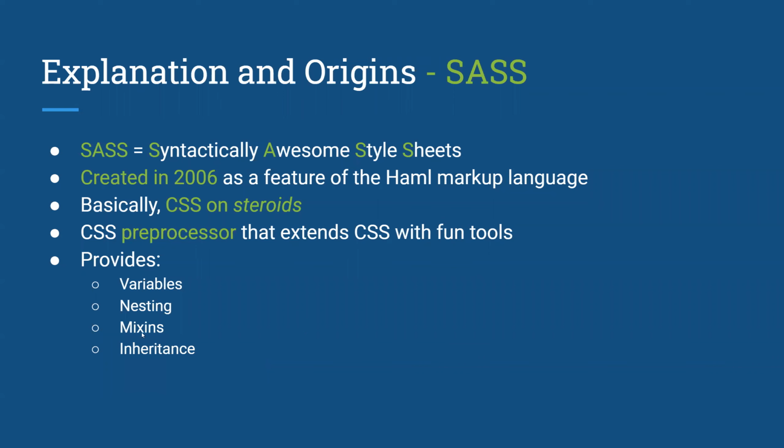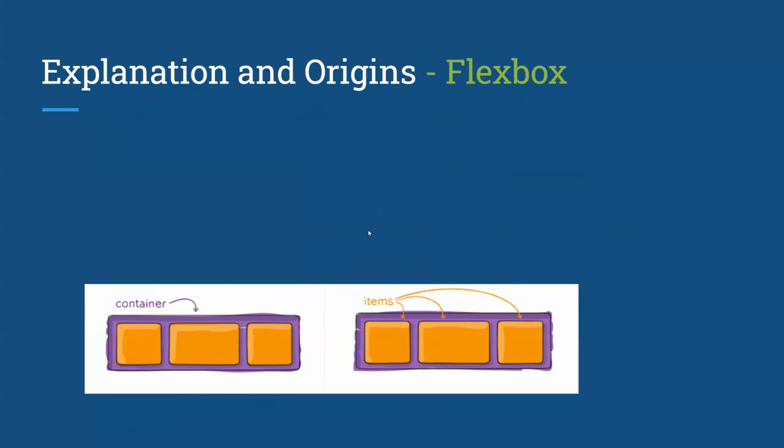That's similar to mix-ins, but it can be useful. Just another thing to keep the code dry. And it provides a bunch of functions. There's a bunch to go over, and I'm not going to be going over all of this. This is just an overview. We're only really going to be talking about it as it relates to building responsive layouts. So that's Sass. Then we'll talk about Flexbox.